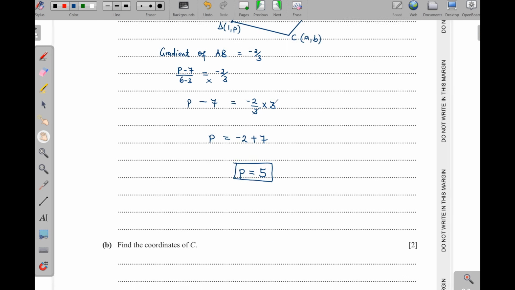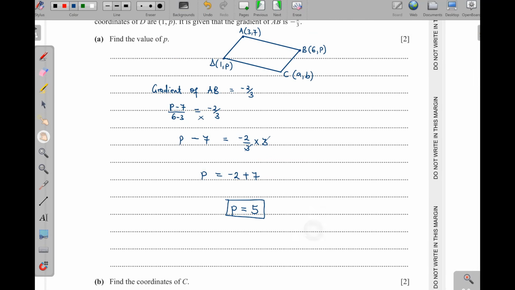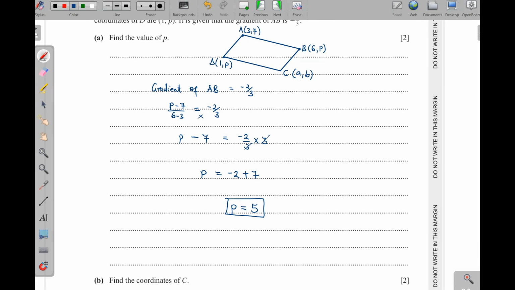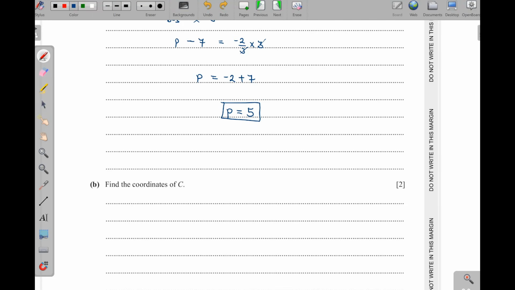Then, next, find the coordinates of C. For the coordinates of C, this one here is parallel to this. And also this one is parallel to this one here. And we know that parallel lines have the same what? Gradient.